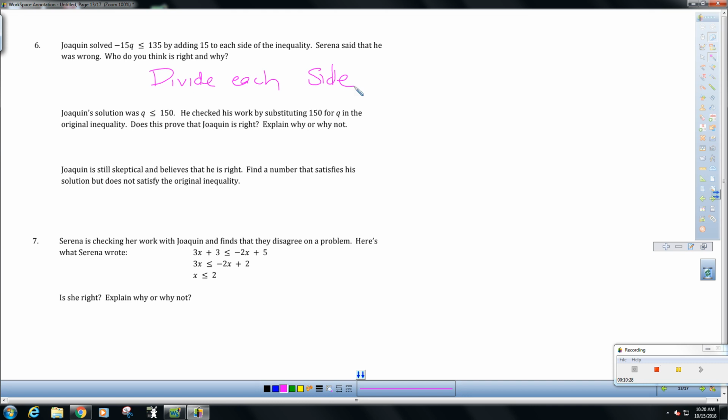So, look, Q is less than 150. And they're saying, let's find a number that satisfies this, but doesn't work. Well, let's let Q equal negative 100. I picked that one because it's easy to do in our head.